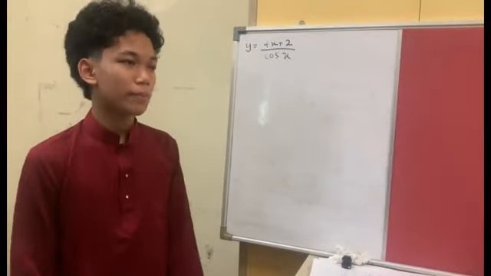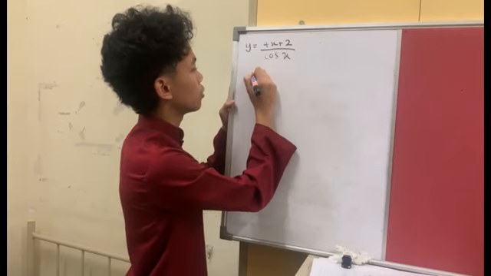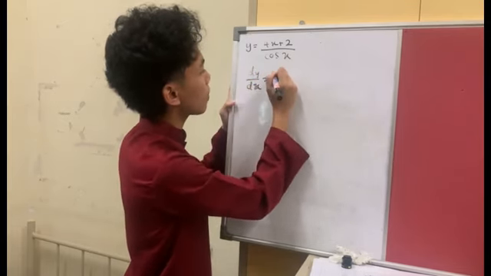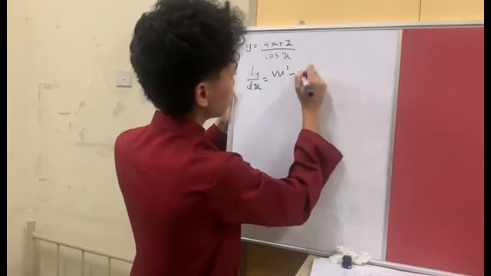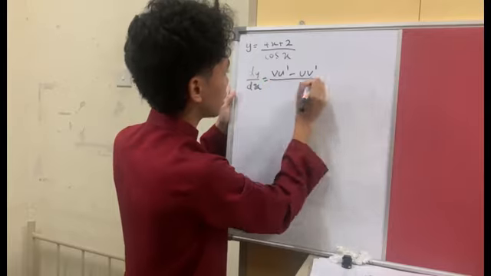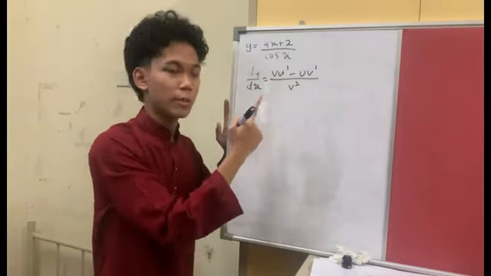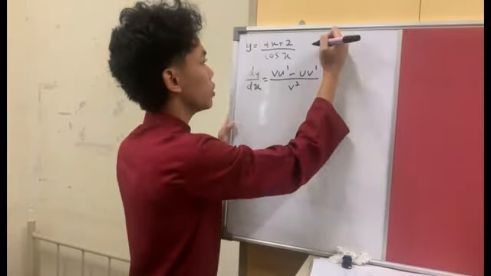Okay, for question 2, part B, we are going to be implementing the quotient rule, which is dy/dx equals v u prime minus u v prime, divided by v squared. In order to implement this formula, you have to find the u and v.